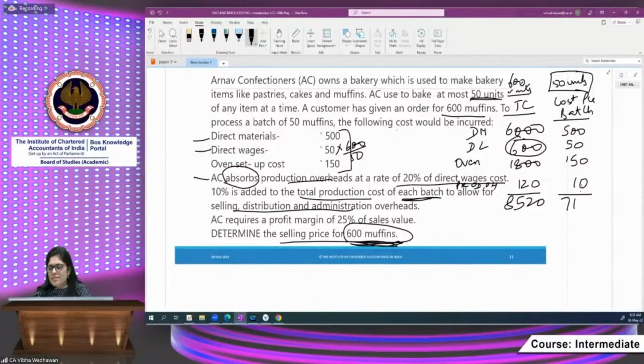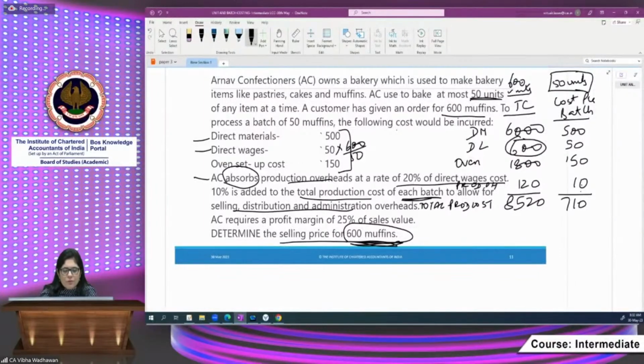It will be 710 per batch. Total production cost is 8520, and production cost per batch of 50 units is 710. Students, any doubts so far? Production cost is 8520 and production cost per batch is 710.